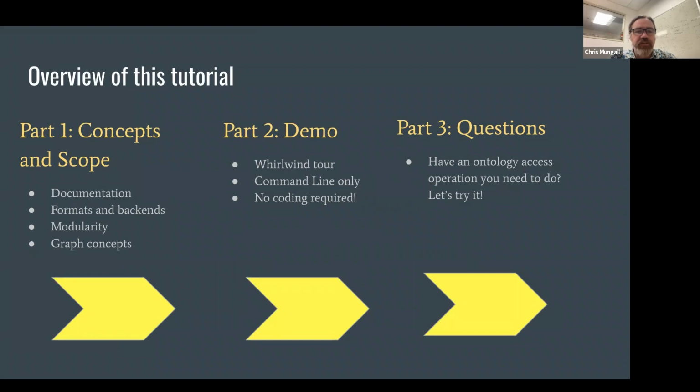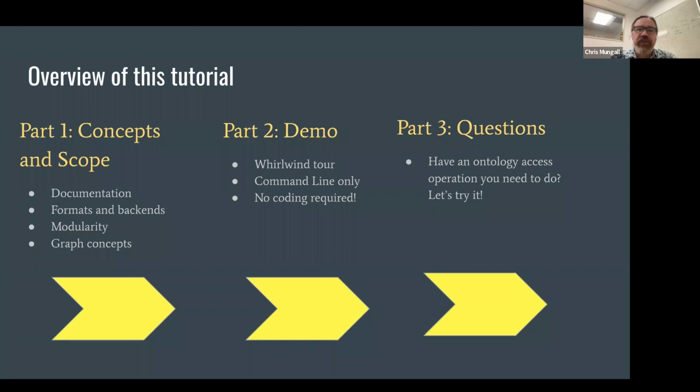Basically, as Nico said, what we'll be doing today is in three parts. In the first part, I will try to orient us with some of the basic underlying concepts in OAK, point you towards some of the existing documentation, and go a little into the philosophy of how it's organized and how we modularize different kinds of operations.